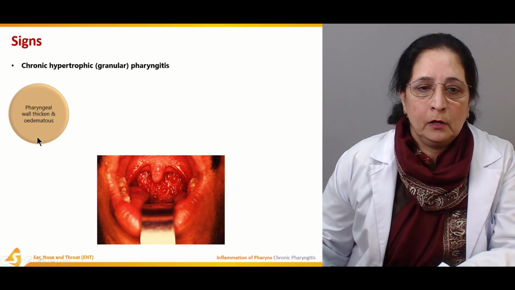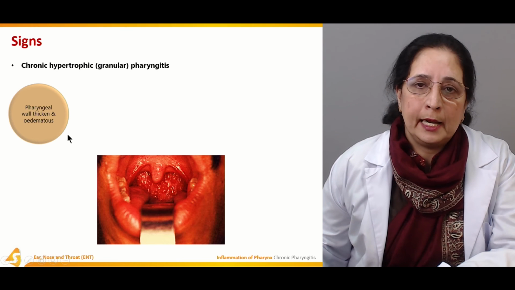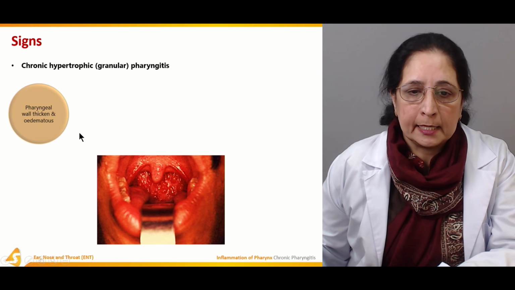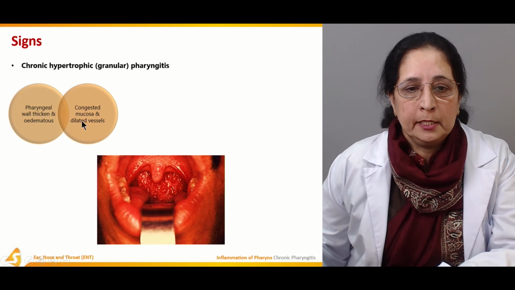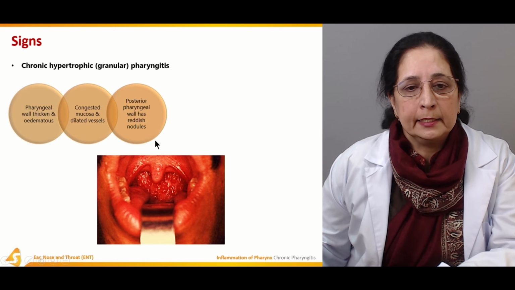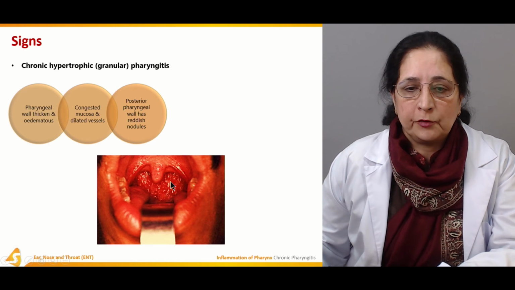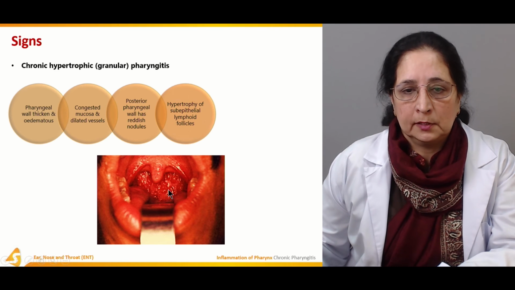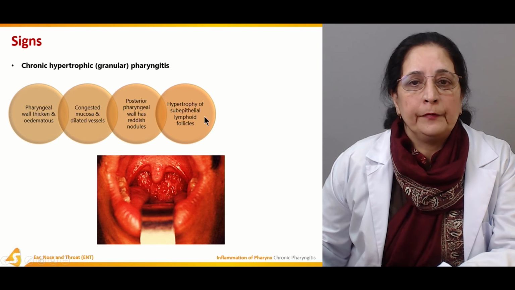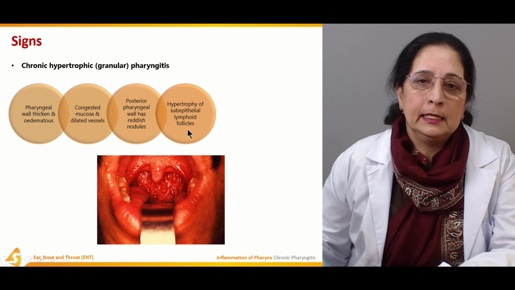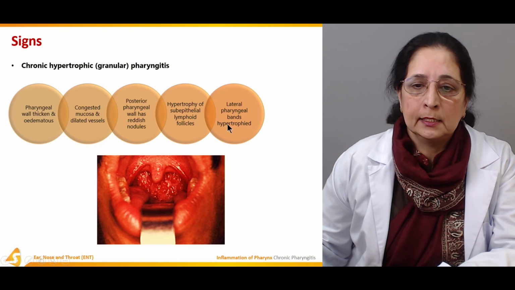There is thickening of the pharyngeal wall, which becomes thick and edematous. Congested mucosa and dilated vessels. The posterior pharyngeal wall has reddish nodules. Here you can see reddish nodules. Hypertrophy of subepithelial lymphoid follicles.